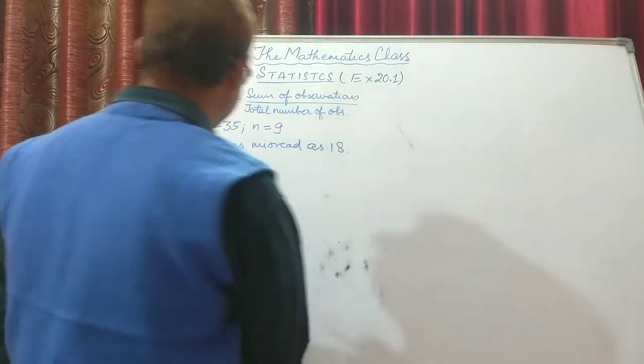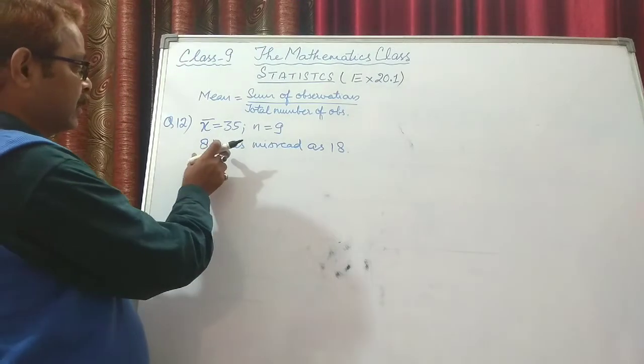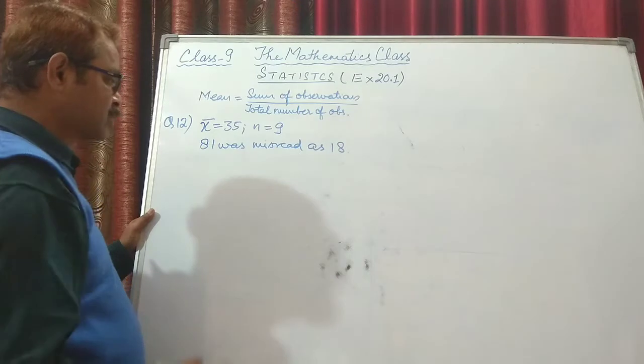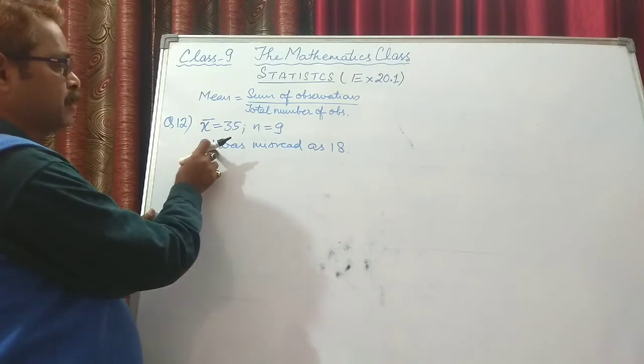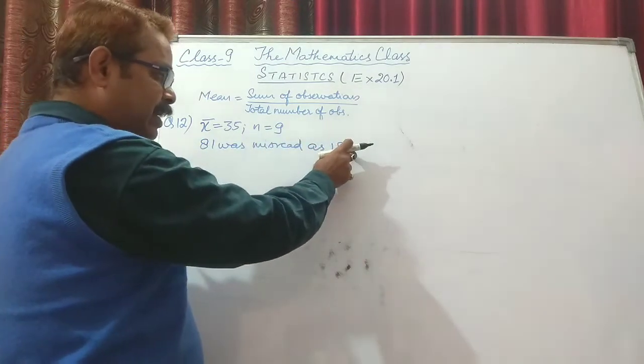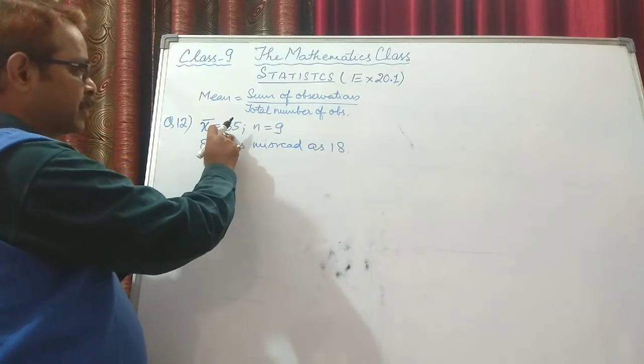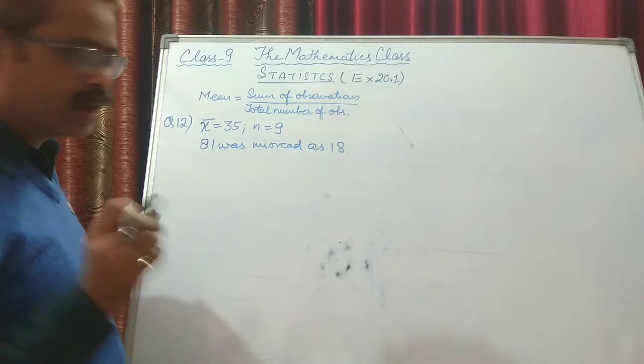Find the correct mean. Instead of 81 in the given data, by mistake 18 was taken. That is why the mean is coming as 35. We need to find the correct mean.